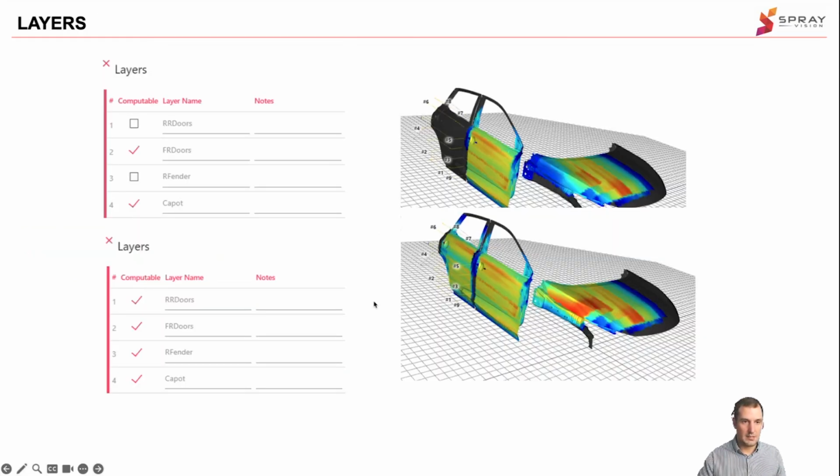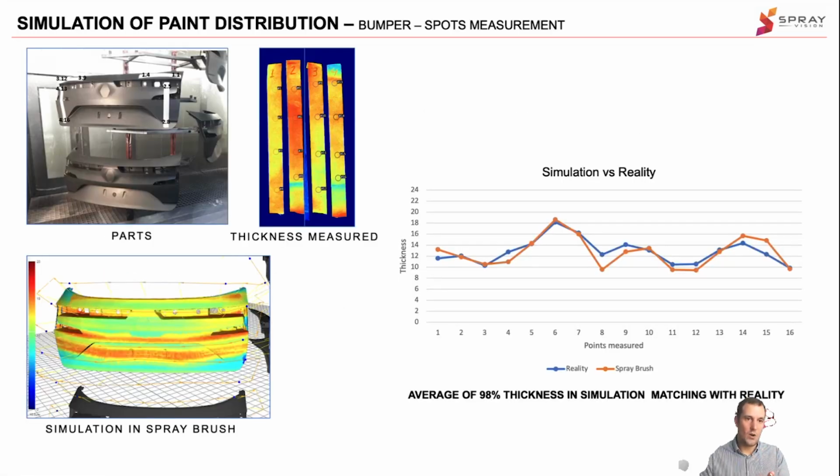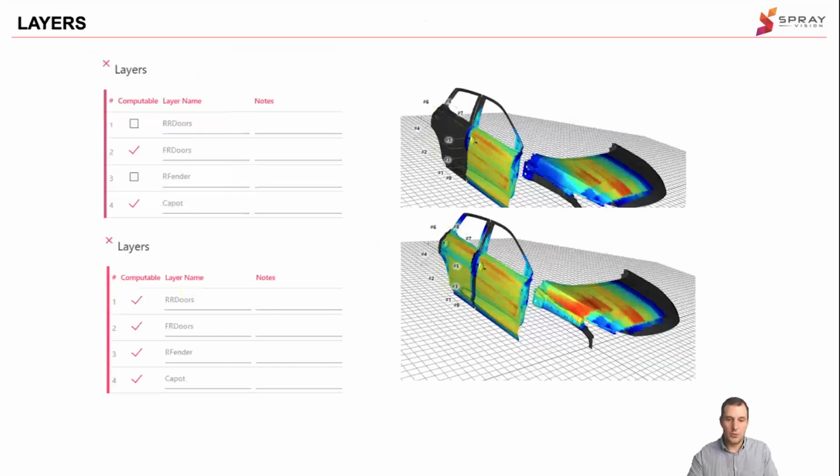So this is how precise the spray brush is in the simulation of the thickness distribution on the substrates. You can also work layer by layer to really control each layer separately and make the full composition of your coating process.